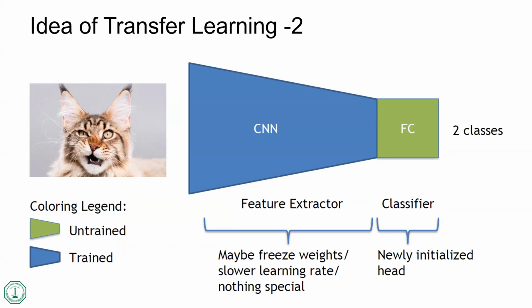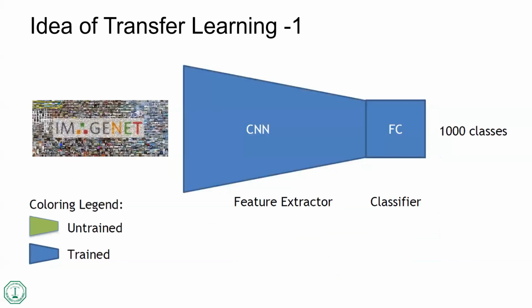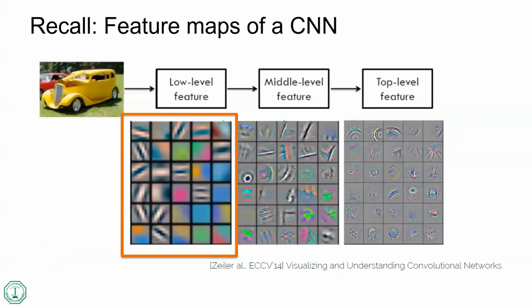Yes, ImageNet. But when you give the class, how is it going to work? Remember what the classification does: it associates these top-level features to cats and dogs.